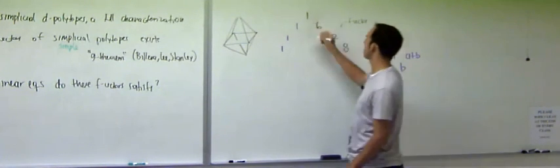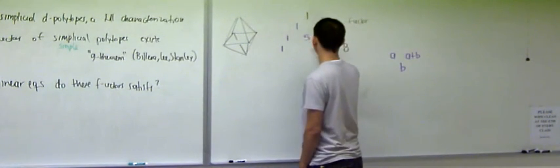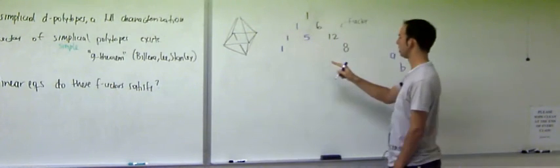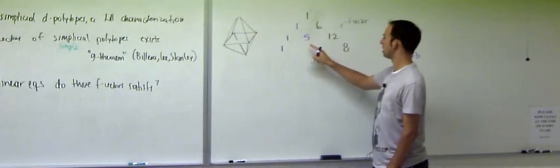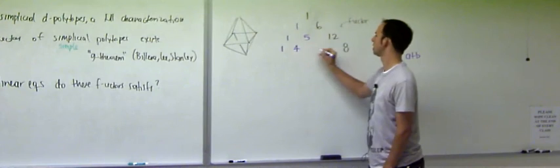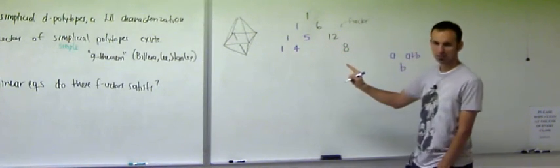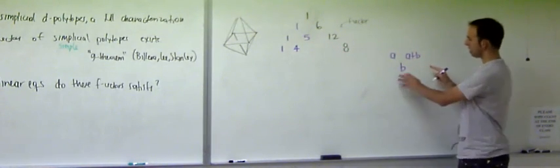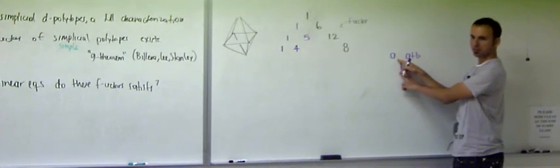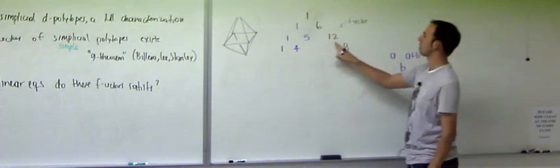So here I get 6 minus 1, 6 minus 1 is 5. Then 5 minus 1 is 4. So you see, it's like Pascal's triangle, but each number is the difference of the two numbers above it. Okay. 12 minus 5 is 7.